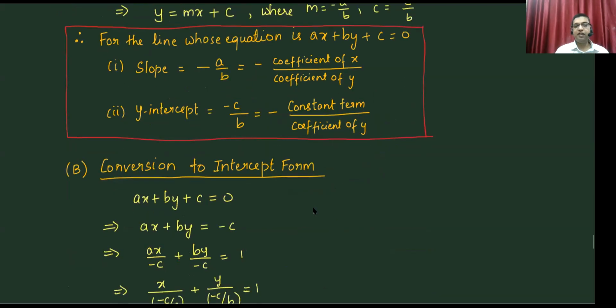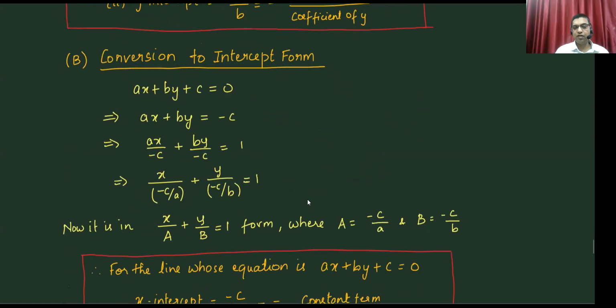Now the same thing we can convert to intercept form, x by a plus y by b equal to 1. For that, take c to the right hand side and divide by minus c throughout. So that's what you get.